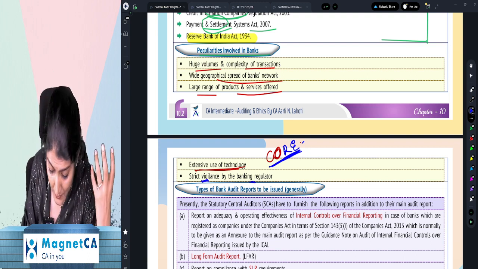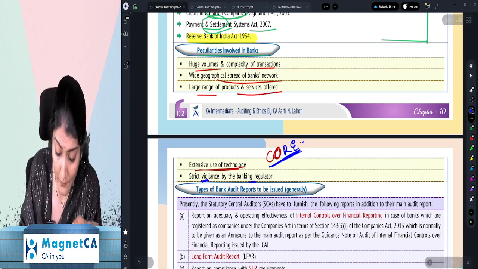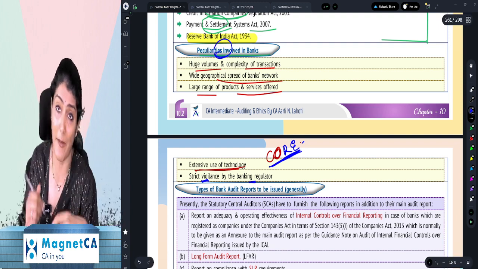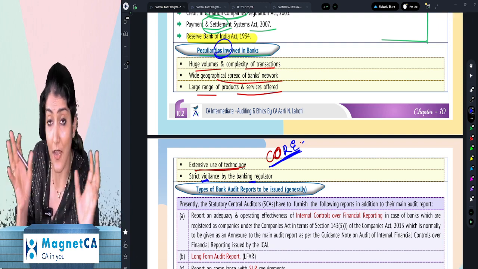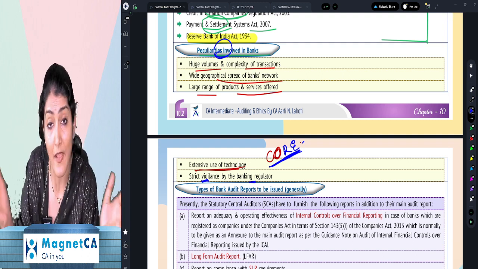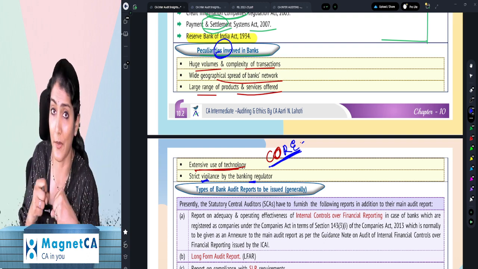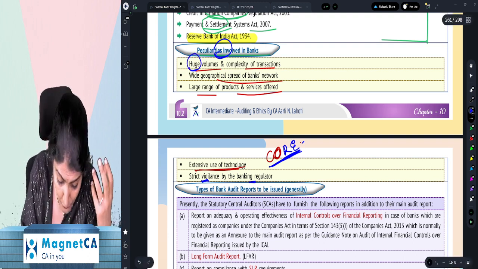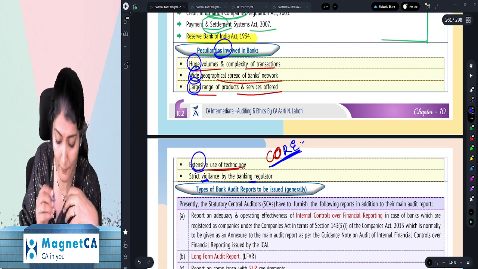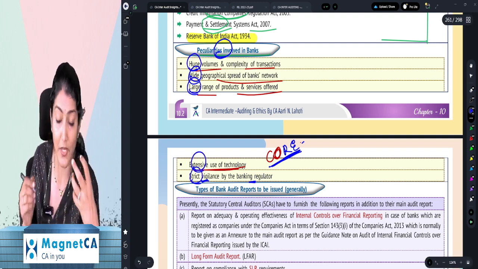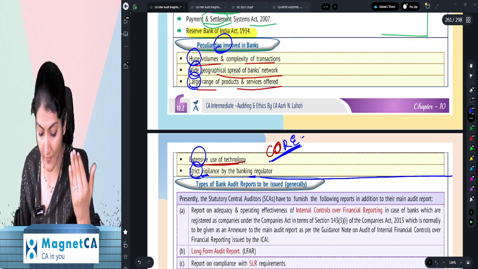They have strict vigilance by the banking regulator, that is the RBI. So these are the special features of a bank: huge volume of transactions, geographically dispersed, large range of products and services, extensive use of technology, and strict vigilance by the banking regulator. These are the peculiarities involved in the bank.